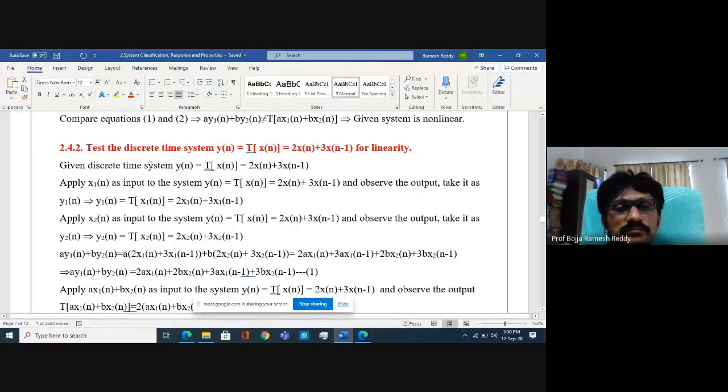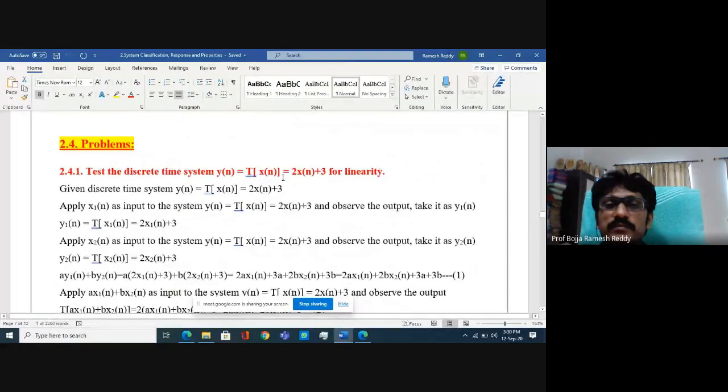Next, test the discrete time system y of n is equal to transformation of x of n is equal to 2x of n plus 3x of n minus 1. The previous one is a static system. It is static: just the present output depends on the present input. No memory.